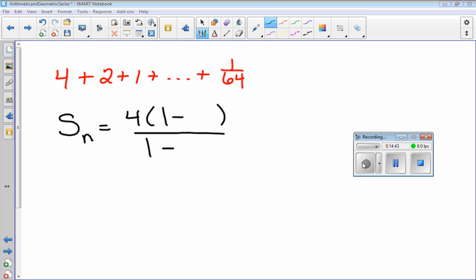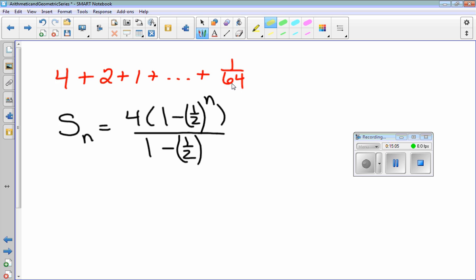How do I find r? So 2 divided by 4, or 1 divided by 2, so it's 1/2. If it's a fraction, we probably put it in its own set of parentheses, right? And in the top, that 1/2 is being raised to a power.